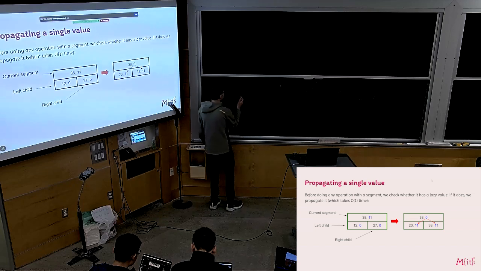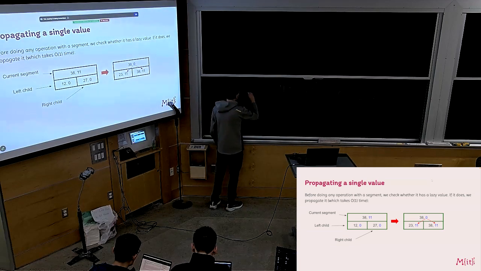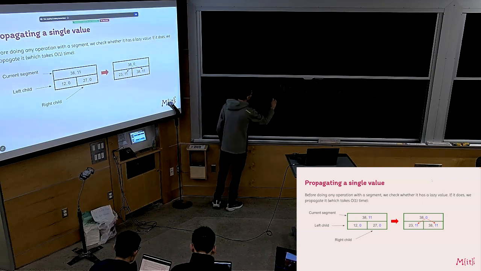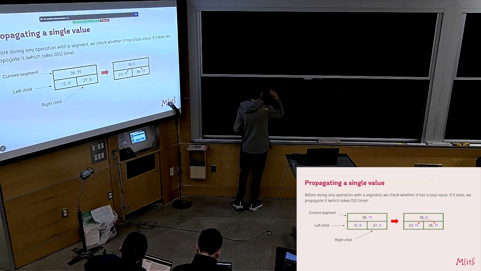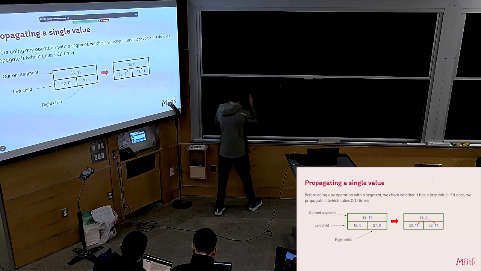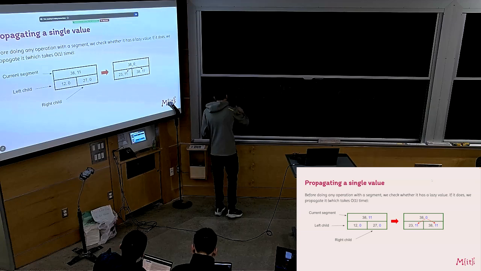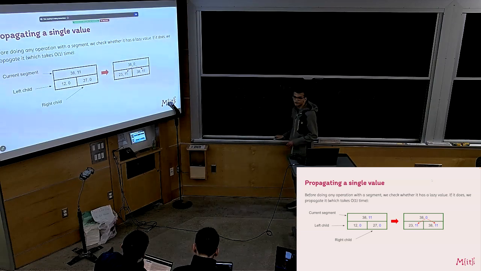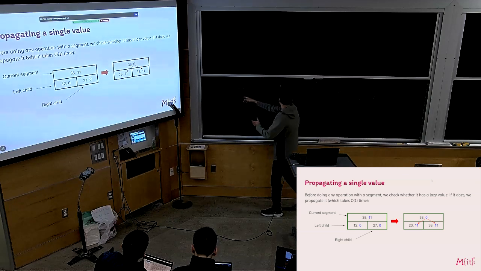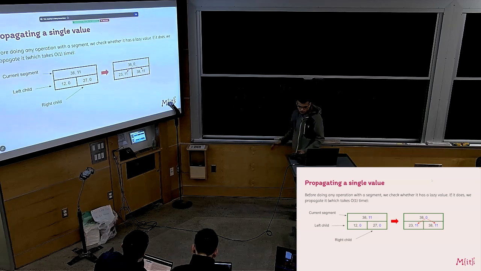So maybe the array it represents is, I don't know, like 4, 12, 7, 3. If I increase all of these by 11, then I know that the max also got increased by 11, right? Because the 11 was applied to the entire segment.